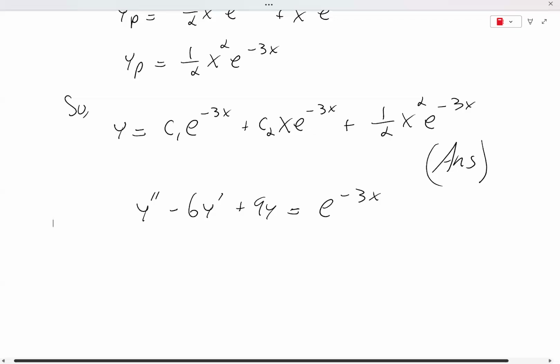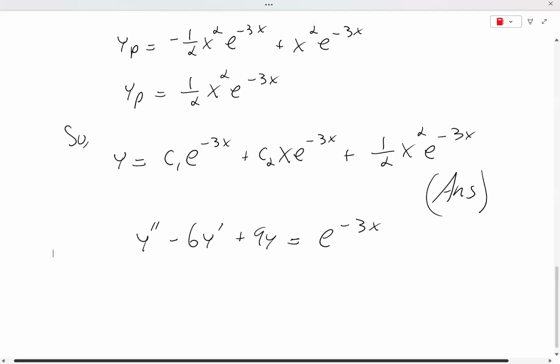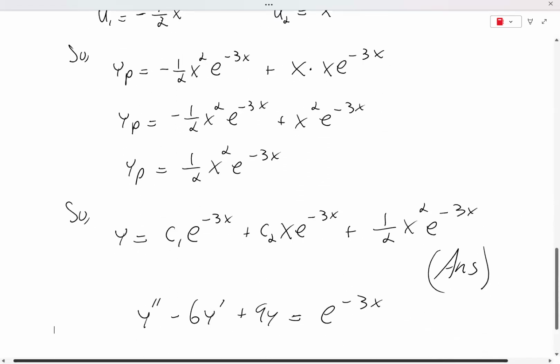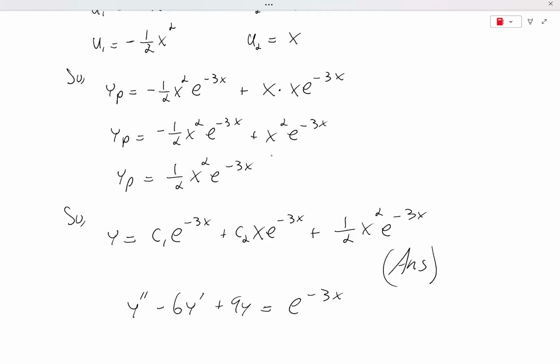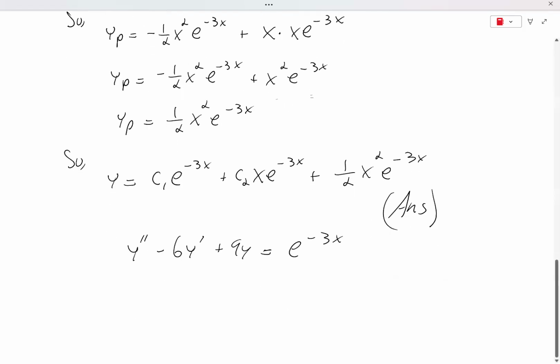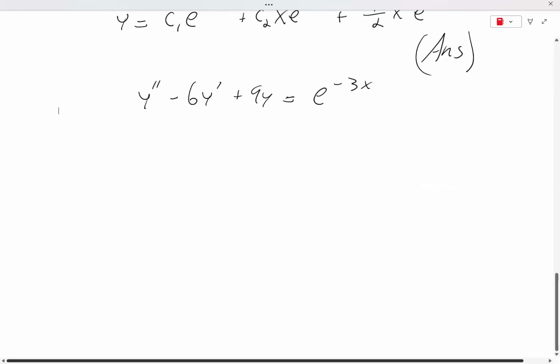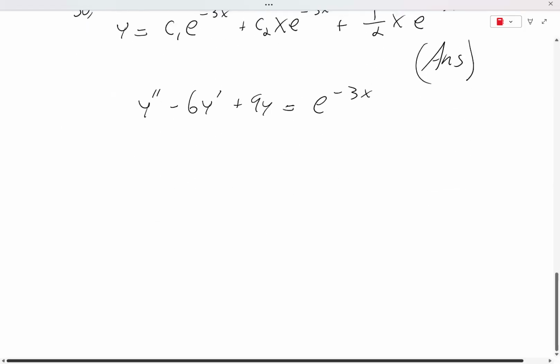Did I lose a negative sign somewhere? I did. Wait a minute. My bad. No, I didn't. Never mind. I put these together here, so that worked out okay. All right, that should be it there. I think I made a mistake in the notes.